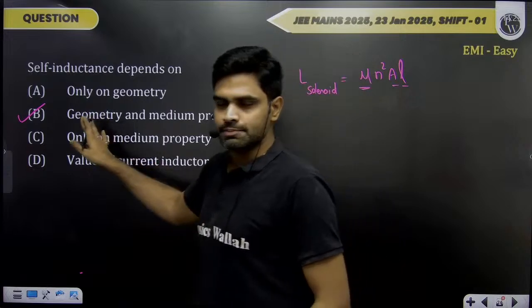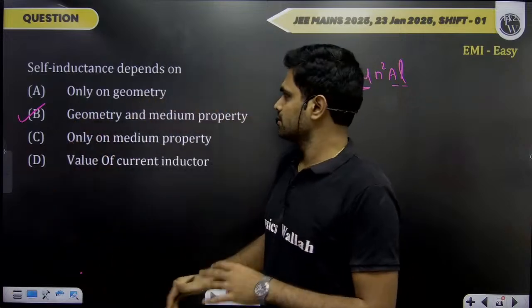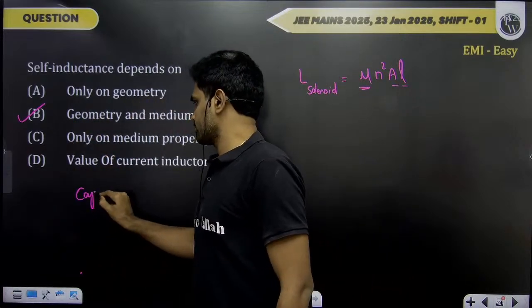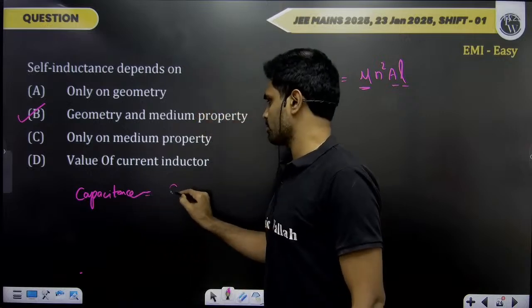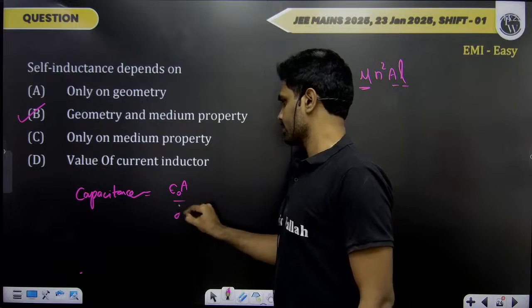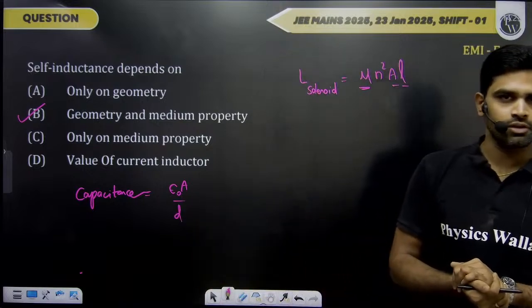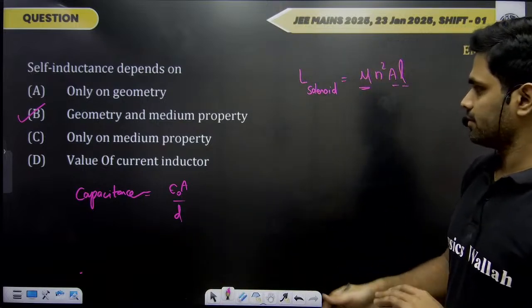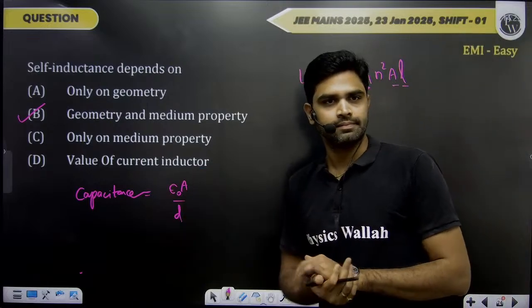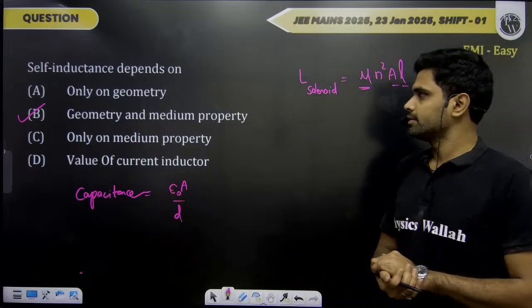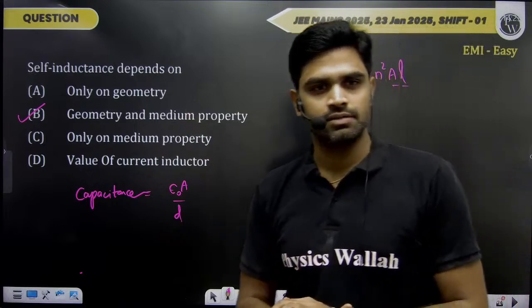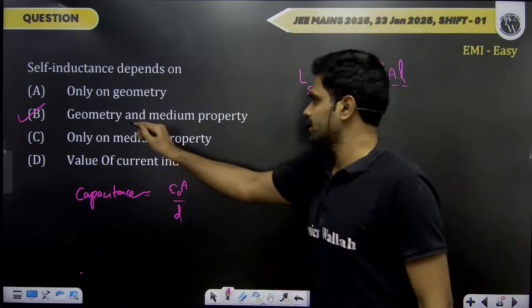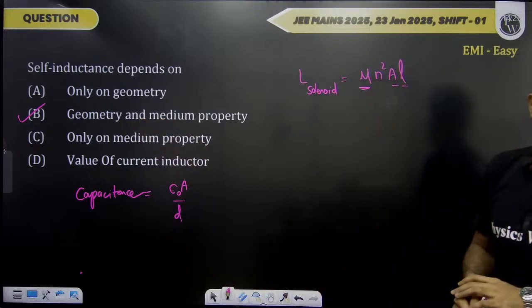A spin-off question would be regarding capacitance. Capacitance is also the same. What is the simple capacitance formula? Epsilon naught A by D. Capacitance also depends on the medium and area and geometry. The same question could be asked in the coming shifts regarding capacitance, for which the answer would be the same: geometry and medium property.